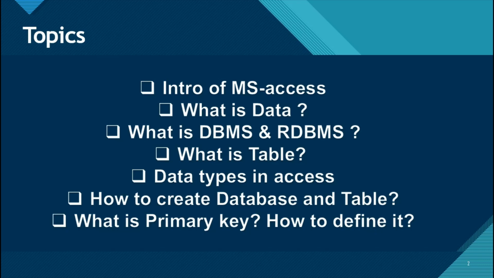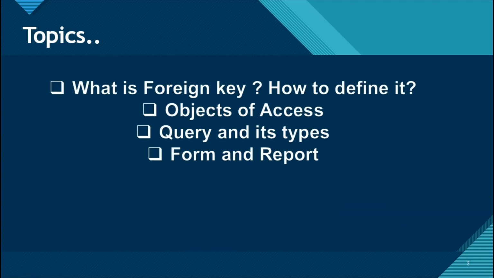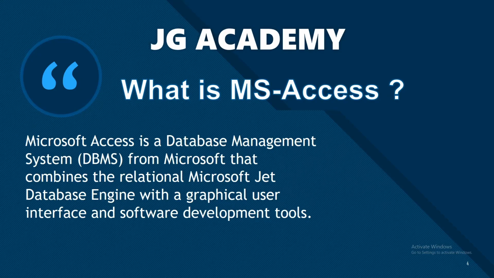First of all, we'll discuss what is Access, how to use it, what is data, what is database, what is RDBMS, how to create a table, what are the different types of data available in Access, what is primary key, how to create a primary key, and with that we'll also see how to create a relationship between two tables using a foreign key, and we'll see the different kinds of queries and, in the last, forms and reports. Now let's start with the introduction.